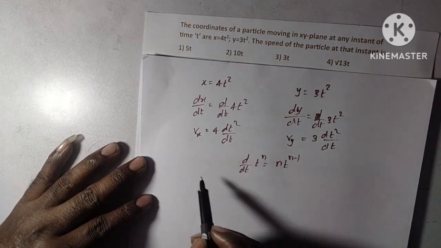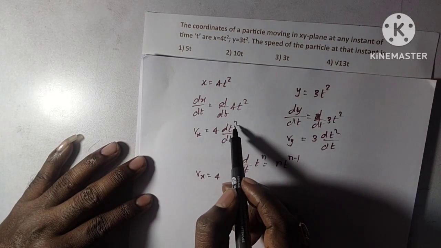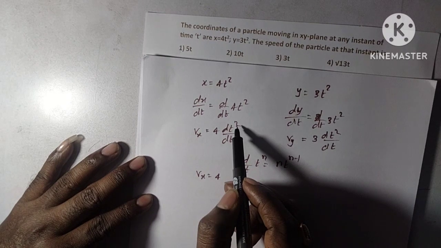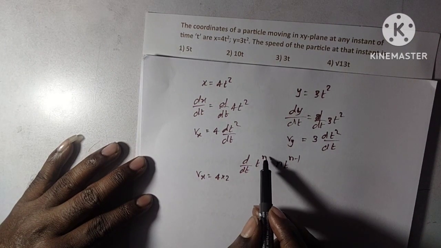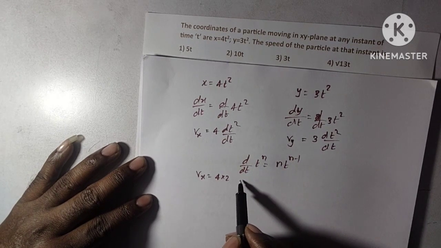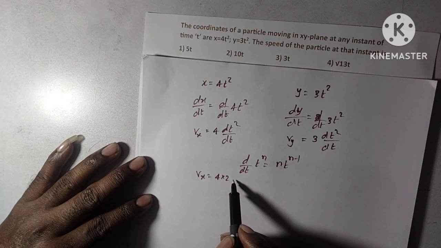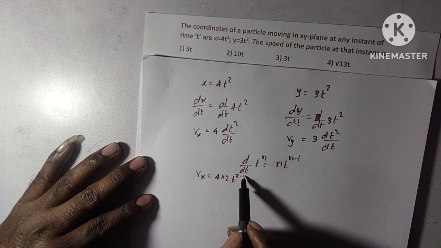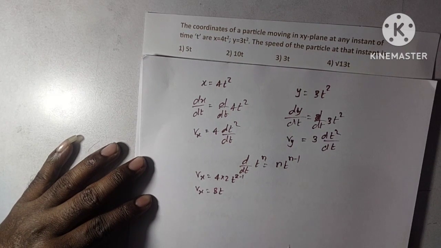So here Vx is equal to 4 times the t² term, so the 2 comes down: 2 times t^(2-1). Then Vx is equal to 4 times 2t, so we get 8t.